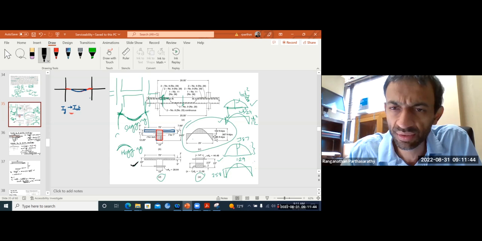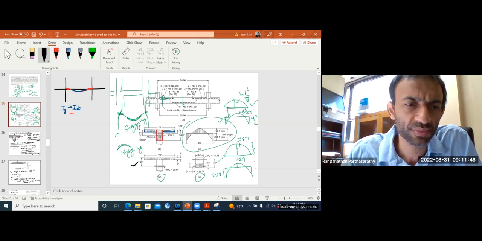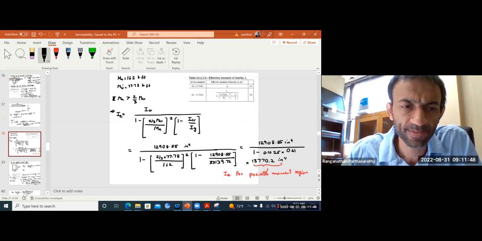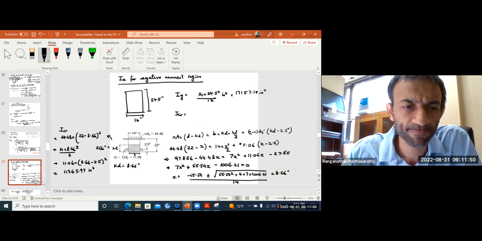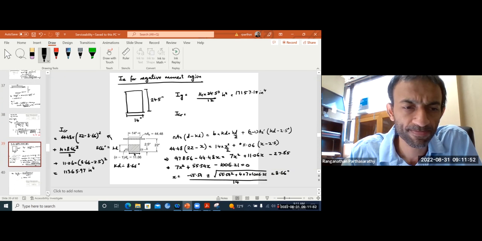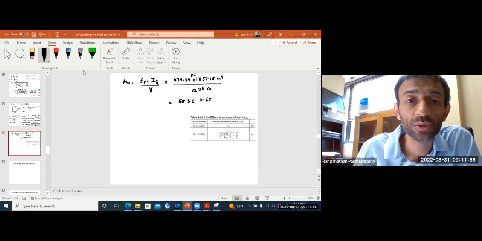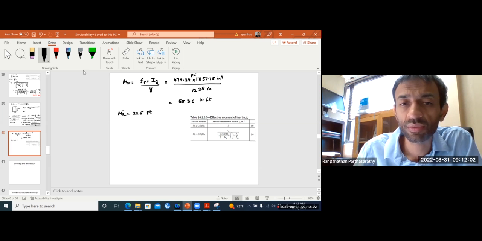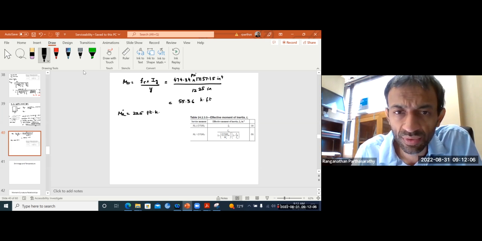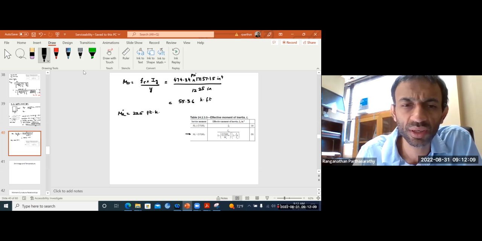So 225 foot kips. So we have M applied is 225 foot kip. So we will be using this formula.